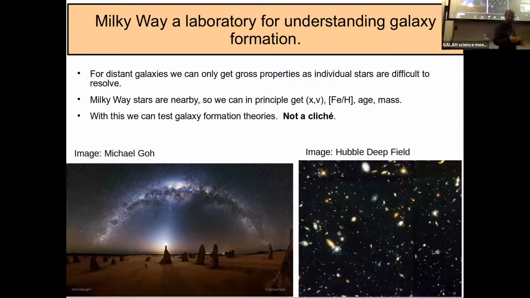With this, you can test your theories of galaxy formation. And what I want to show is that it's not just a cliche. Now, you can have evolutionary models that you can use to predict most of the properties of the galaxy. And in this context, you can interpret external galaxies also now in terms of the processes that work, not just looking at the observations. So that's, I think, the power of using evolutionary models.